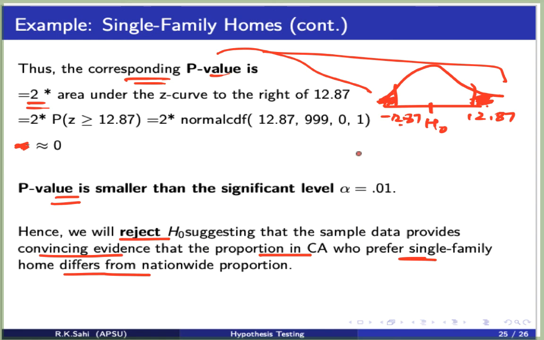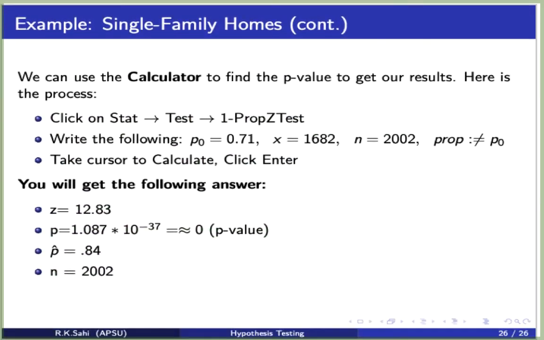Now, that was doing it step by step, but as I said, you can use our calculators, plug in the right terms, and you will get the same answer. Stat, test, 1-proportion z test, plug in the values for p0, x, and n, and then you will get the following answer. Now remember, your p-value is going to be approximately 0.